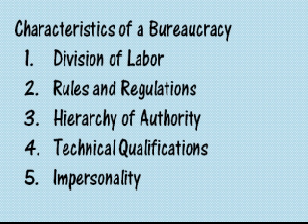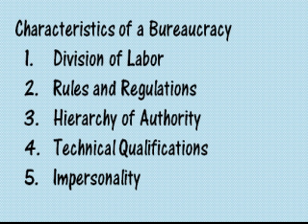This means that everybody on the job is treated equally. It also means that every client that you have on your job would be treated equally. So Max Weber points out these 5 characteristics, and he says that in a true perfect state, these 5 attributes would allow the bureaucracy to function as a well-oiled machine.